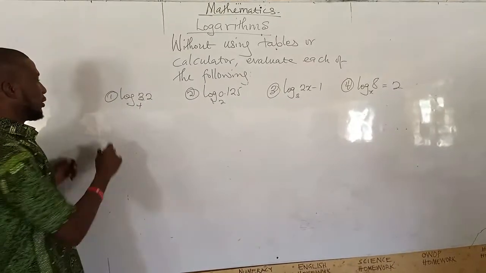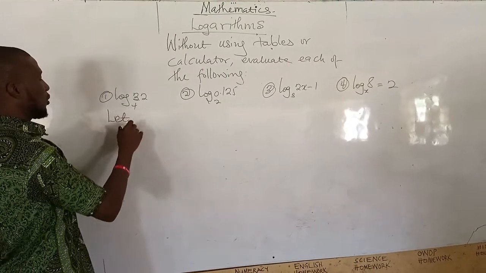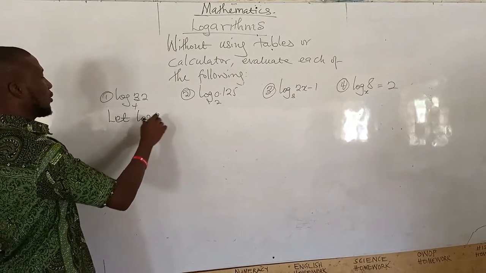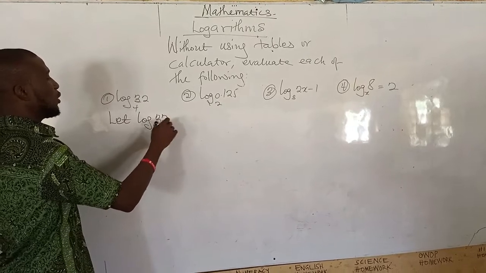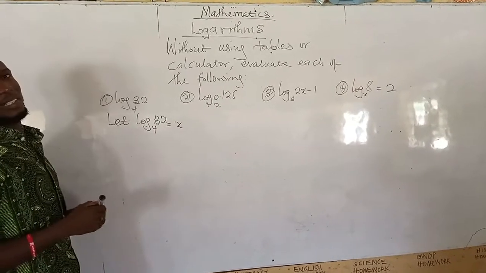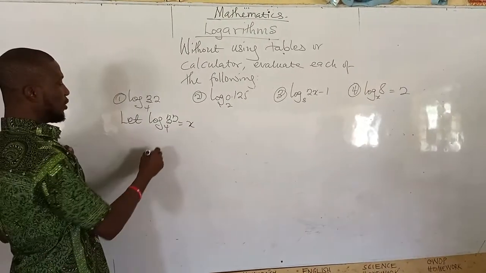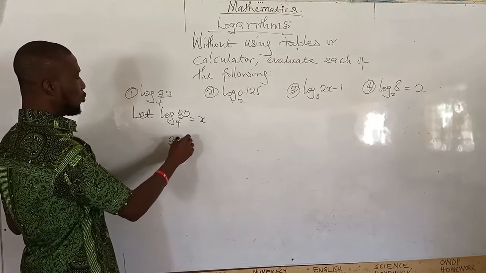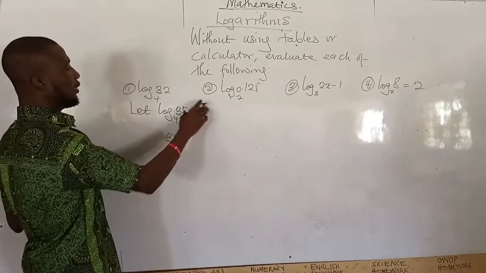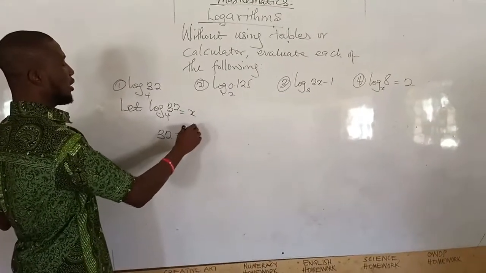So we will let log 32 base 4 be equal to x. We let x be that number. This means that 32 will be equal to 4 exponent x.